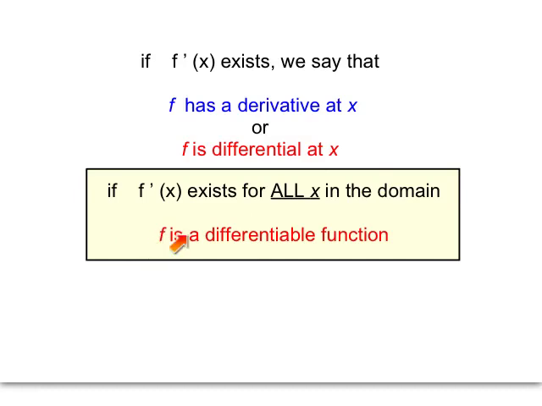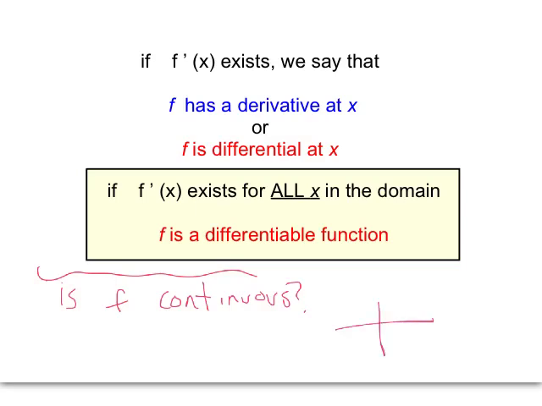It's kind of like when we said this is a separate topic, is f continuous? Well, what does that mean if we say it's continuous? It means if it's continuous at every point on its domain, then f is continuous. Remember this example here. This example here has a discontinuity at x equals 0.